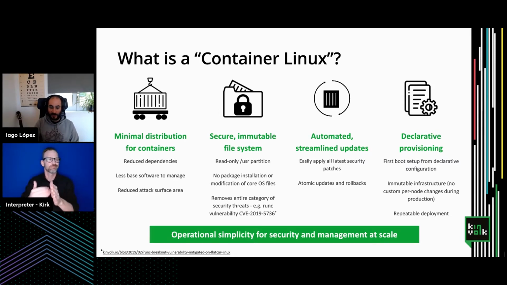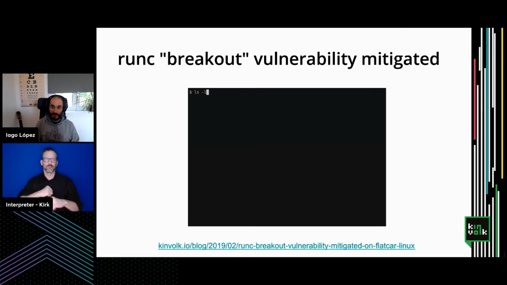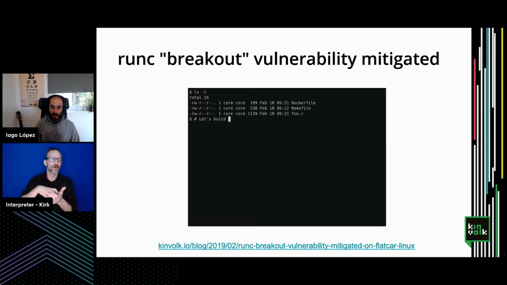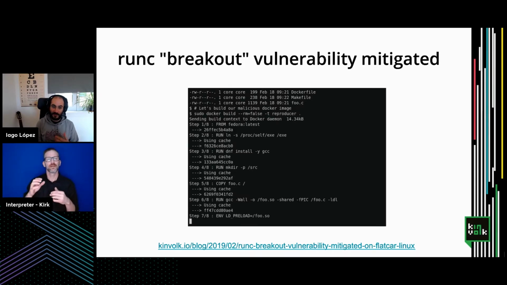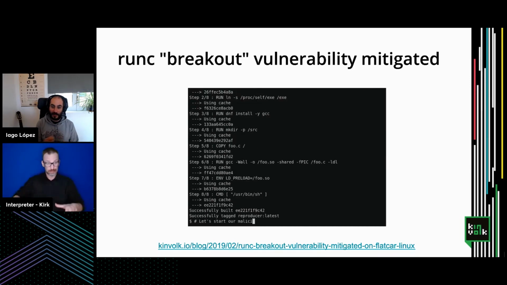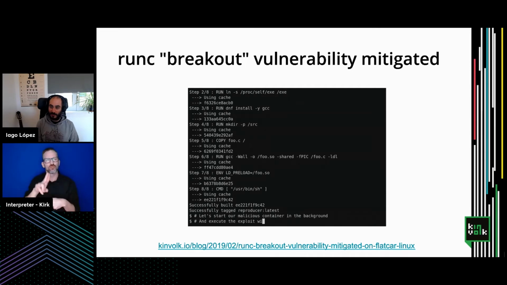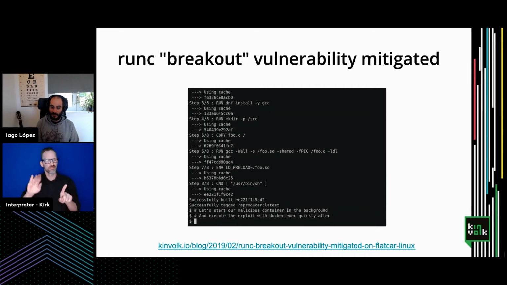On that vulnerability that I just mentioned in the slide, I just want to show a quick demo of how this is mitigated. What this vulnerability did was take advantage of some malicious things you can do in a container to overwrite your runc binary, and then from there you can do a lot of bad stuff because you're running on the host with privileges, and you can do bad stuff for the next container that starts.